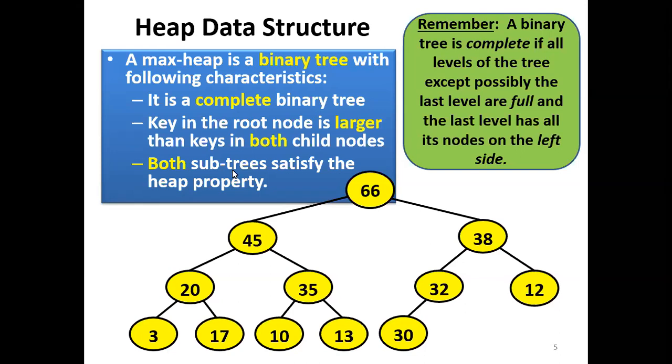This binary tree, for instance, is not full, but it is complete. It's not full because these leaf elements are missing, but it is complete because all the levels, starting from this level to the last level, are full, and the leaf nodes are filled starting from the left-hand side towards the right-hand side.